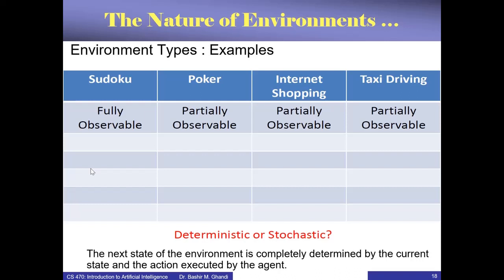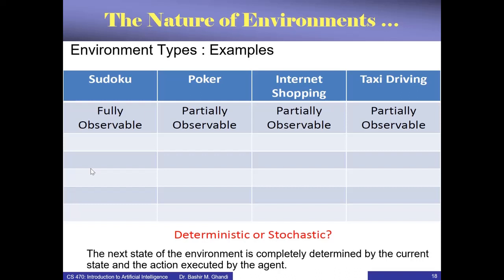Similarly, internet shopping is not deterministic, because the state of the environment doesn't depend only on you determining to purchase the current item or not purchasing it. It is dependent on the other agents also trying to do the same shopping at the same time.